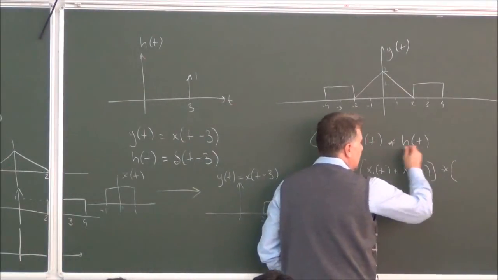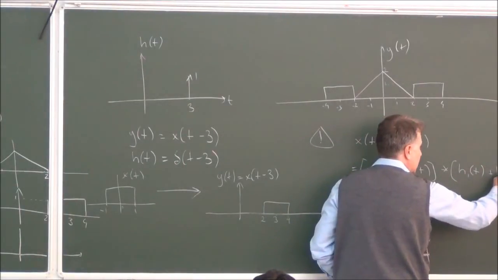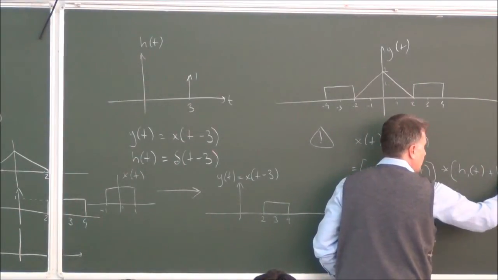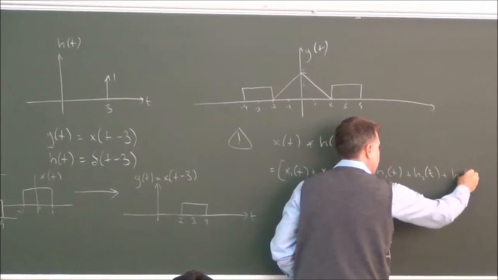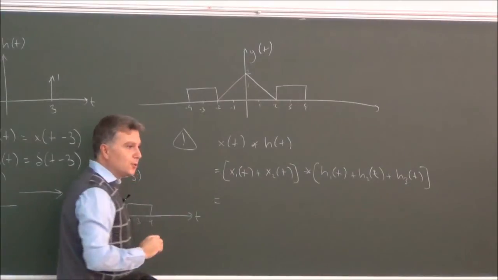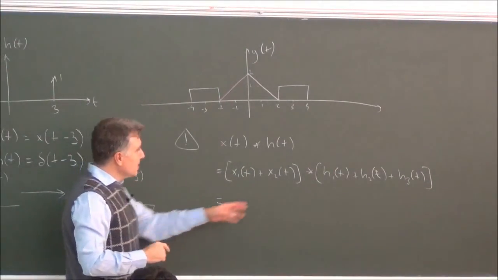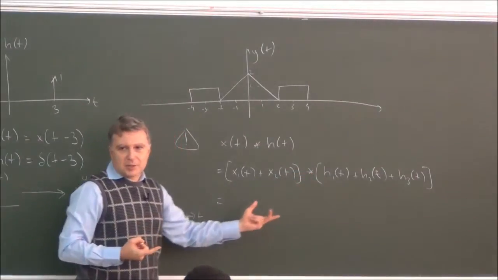And similarly, let's assume that h again has three portions. Okay? So this convolution is equal to, it's like multiplication.